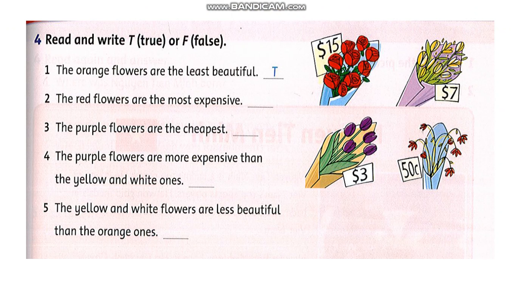So, look at exercise number 4. Read and write true or false. Look at the picture. We have the orange flowers, the red flowers, the purple flowers, the yellow and white flowers, and the orange flowers here.